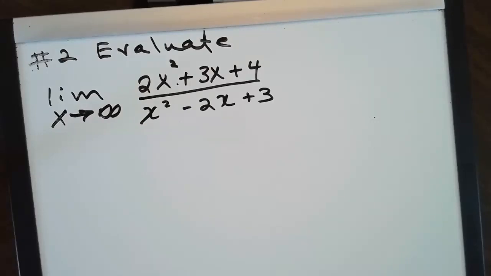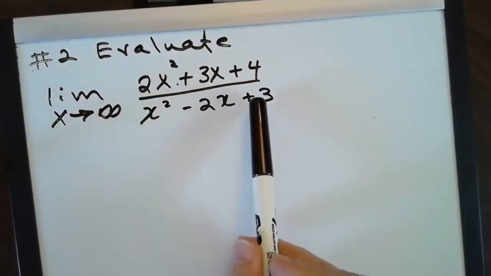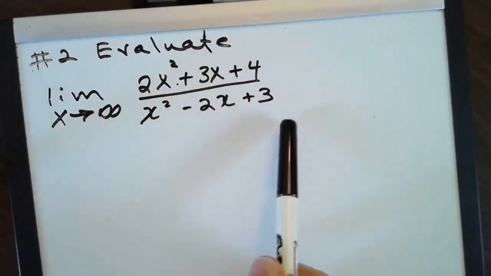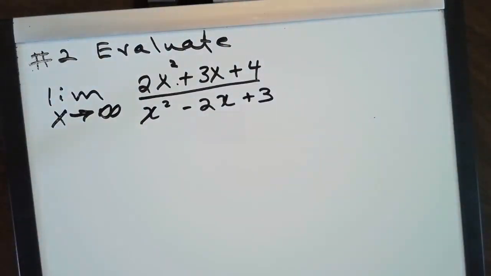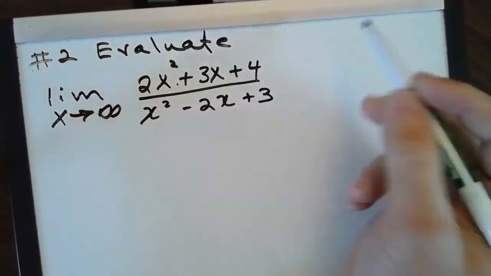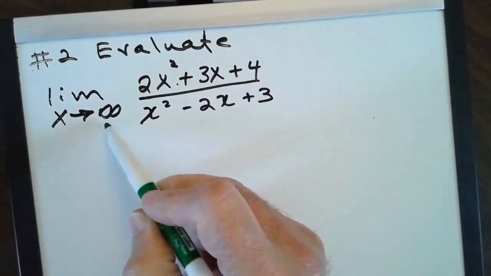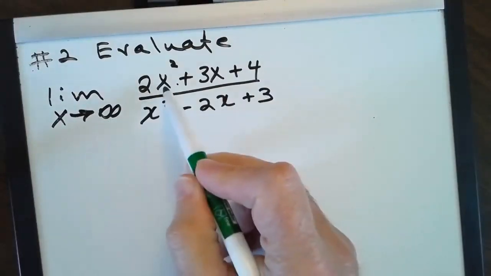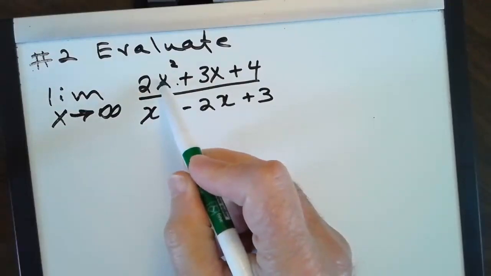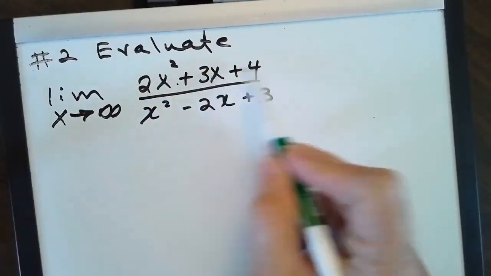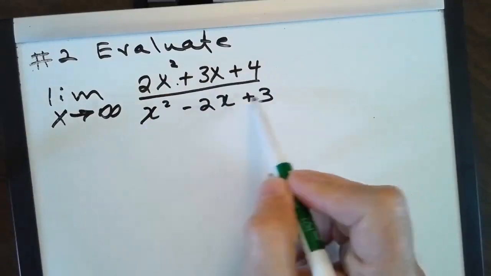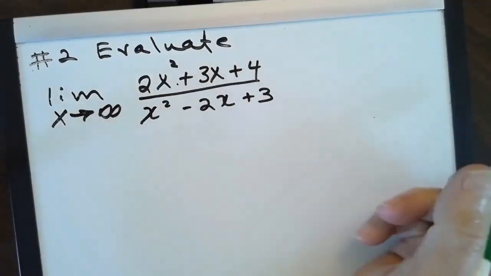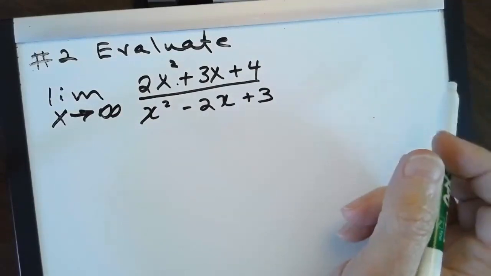And so here we have the limit of 2x squared plus 3x plus 4 over x squared minus 2x plus 3. So the first thing we're going to do is, because infinity is not a number, if we substituted infinity, this would be 2, this would go to infinity, this would go to infinity, and here it would be infinity over infinity, and you wouldn't get anything.